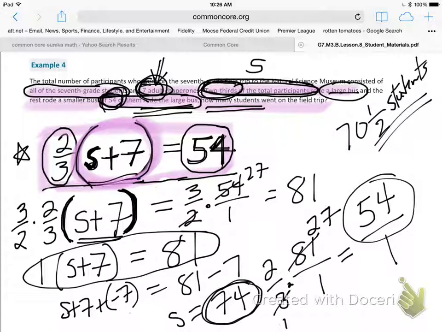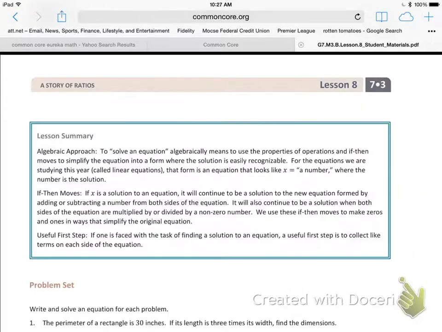It represented the total number of people on this trip. So it needed to stay together until it became one unit. Okay, down here. Up here it was attached to this 2/3. So that would be the first thing to do there. Okay, hopefully that explains that.